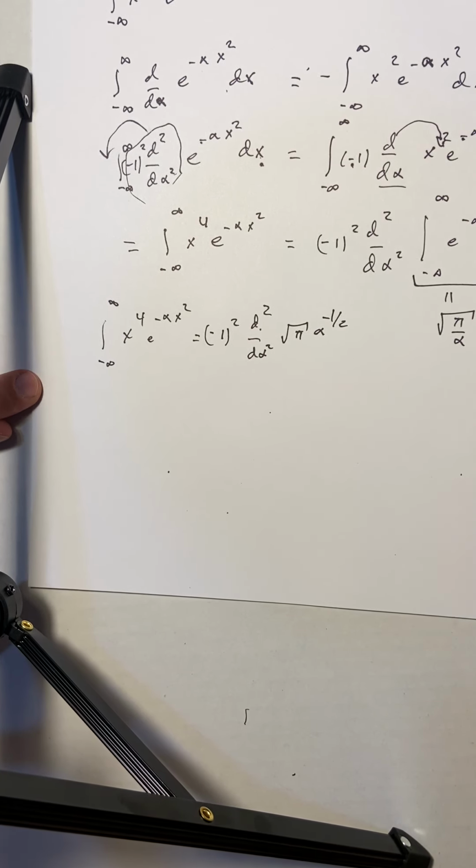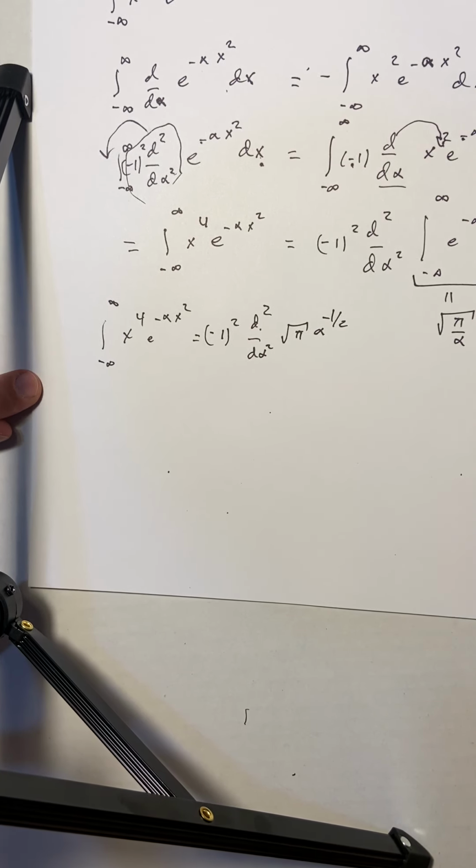Well, in that case, it's just going to be minus 1 squared, minus 1/2 from one derivative, minus 3/2 from the next derivative, alpha to the minus 5/2 root pi.